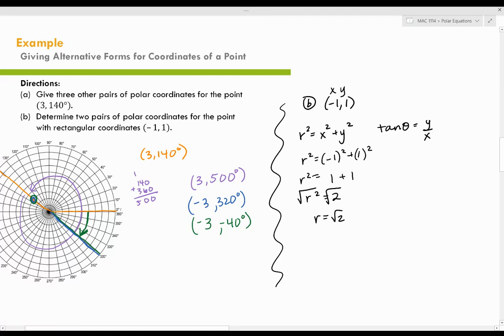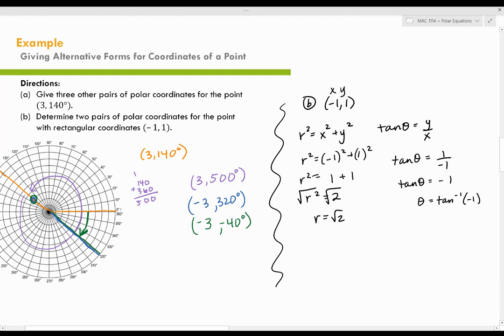And I'm looking for my theta to complete my polar coordinate. So I could say that tangent theta equals, my y is 1, my x is -1, so tangent theta equals -1. And I'm looking for theta, so the only way I can get theta out of there is to do the inverse.